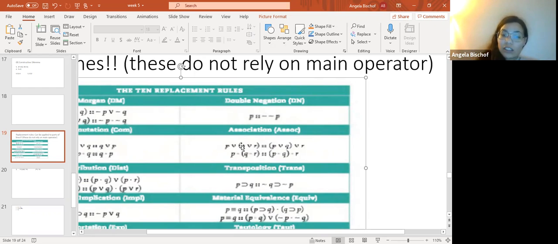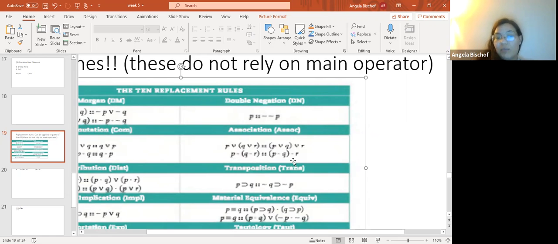But when they're all disjunctions, the only role that the parentheses are doing is maintaining consistency in terms of identifying the main operator. In reality, they're not really playing a role when they're all disjunctions or they're all conjunctions. So we're able to use association to move the parentheses over if we need to. In this case, the parentheses are around Q or R, and now with association, we can get them around P or Q.